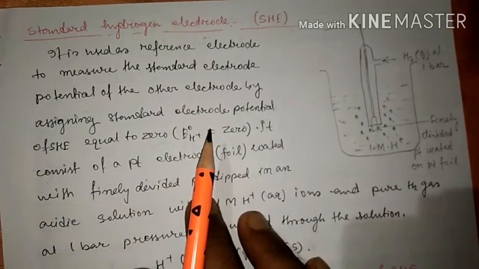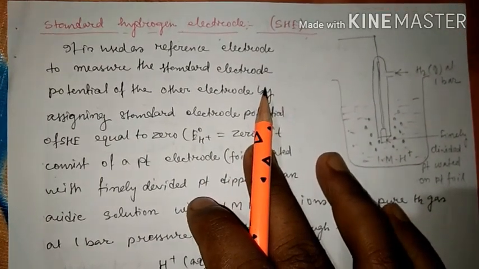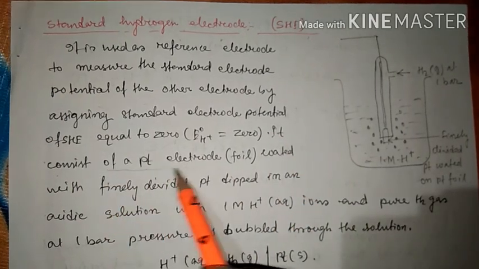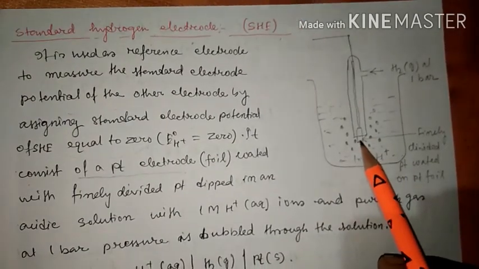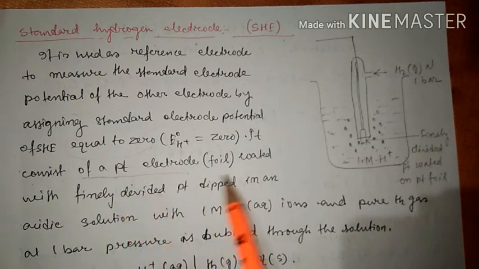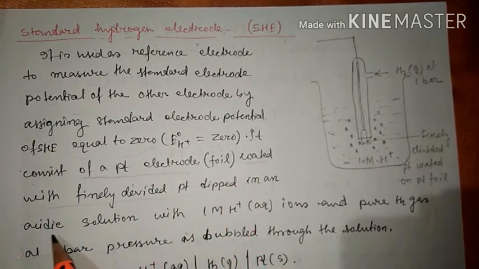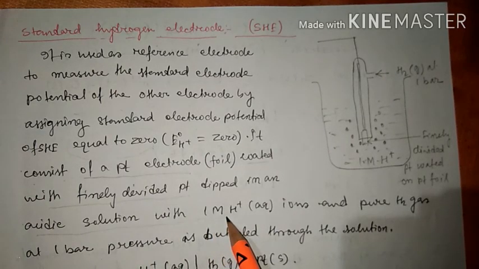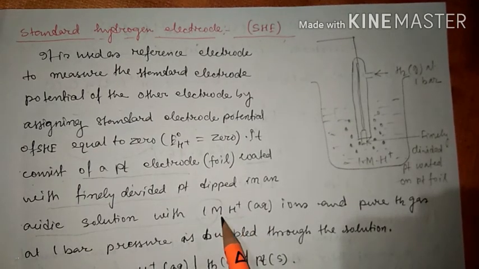Now, how is it constructed, or what is the cell representation of this electrode? It consists of a platinum electrode, that means foil, coated with finely divided platinum and dipped in an acidic solution of 1 molar. Remember this one, 1 molar acidic solution. H plus means acidic solution, 1 molar.